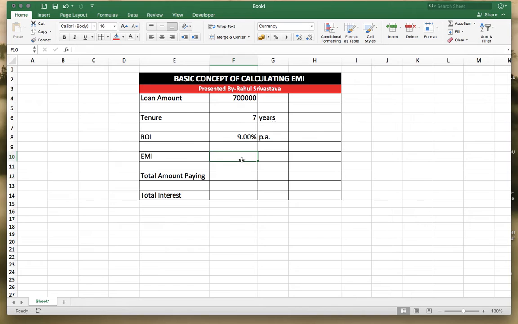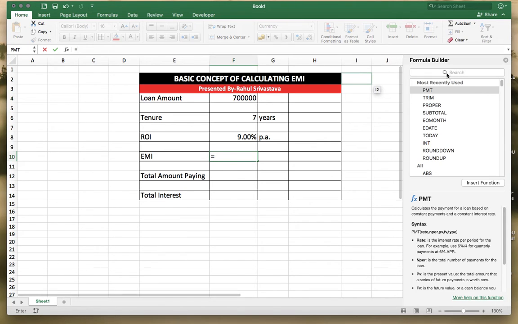Now how to calculate the EMI? Here you can first and foremost go ahead with any formula. First you have to put an equals to sign. Once you put an equals to sign, you can go to the fx function and you can see on the right hand side of your screen a pop-up comes.